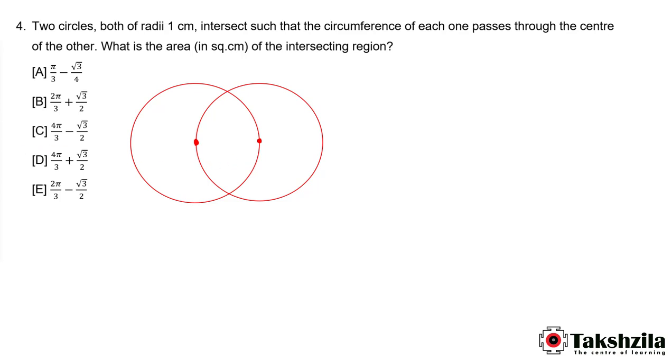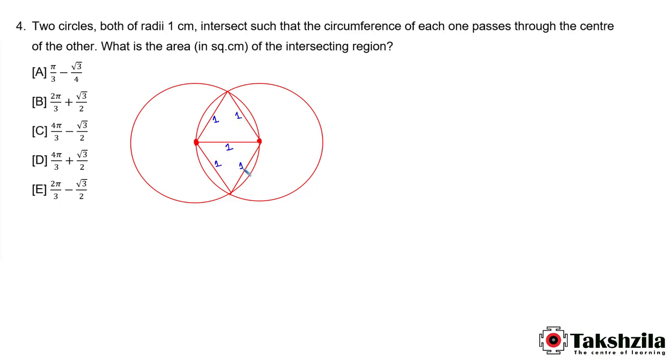So let's have a look at it over here. Let's join these 2 points, another these 2 points, and these 2 points, everyone. These two as well. The radius of these two circles is 1 unit each, which means the length of this line segment becomes 1, 1 and 1 each.